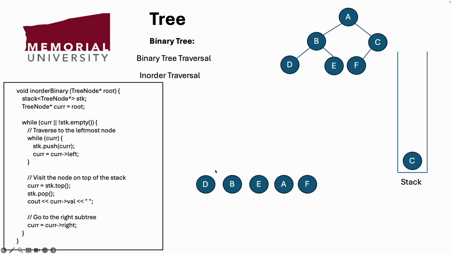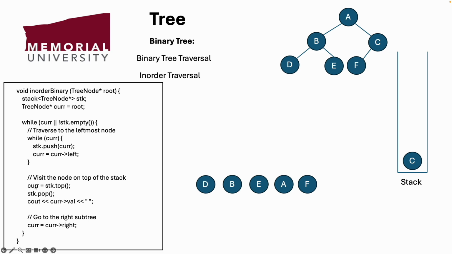So F right, okay, that's a null pointer. So the current is pointing to the null pointer. But stack is not empty, so this outer while loop still continues, okay? And since the current points to a null pointer, the inner while loop will not apply.